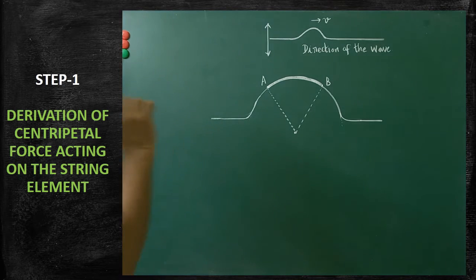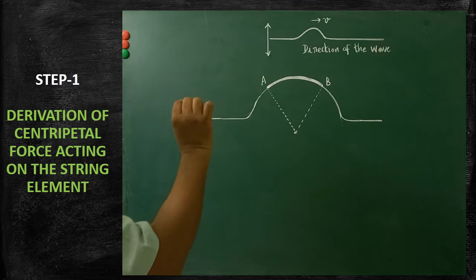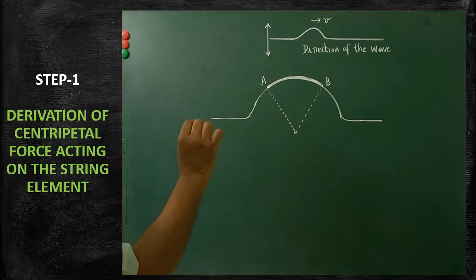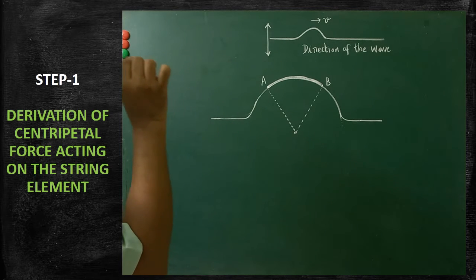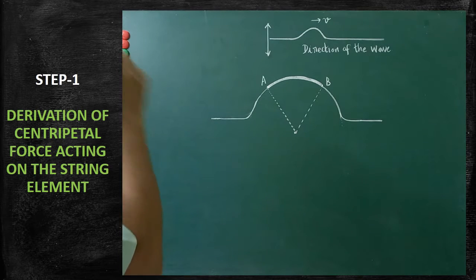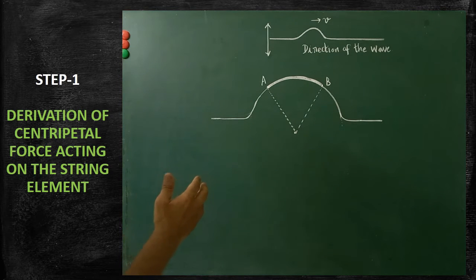When the transverse waves are traveling in the string, that wave will have some velocity. So in today's topic we are going to derive the expression for velocity of the transverse waves when it is passing through the string.